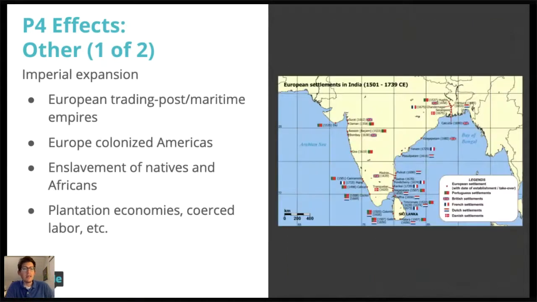Beyond that, as a connection to these political changes, we have imperial expansion, and that we cannot ignore as a result of this new global era of trade. Europeans will begin with the establishment of trading post empires in the Indian Ocean and colonization of North and South America.